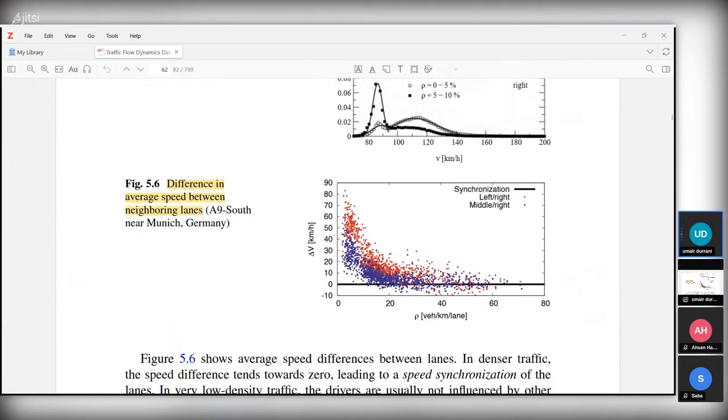But as you go to higher densities, they also synchronize sometimes. Yes, there are some higher or lower differences than zero, but mostly they're around zero average speed difference, which indicates that they synchronize at higher densities, which is expected.